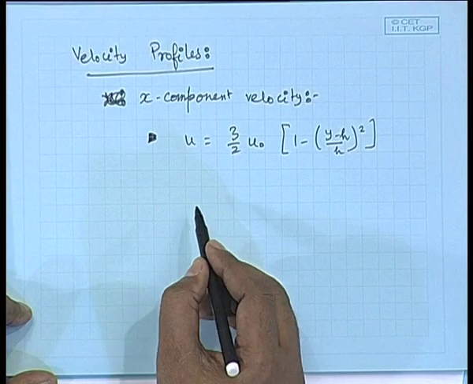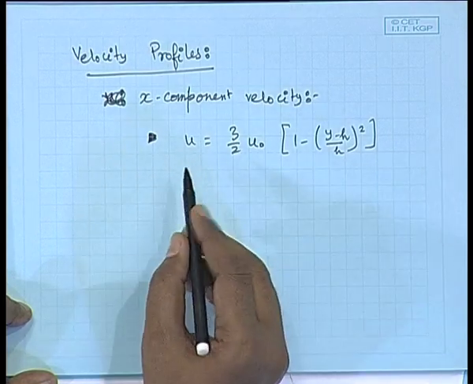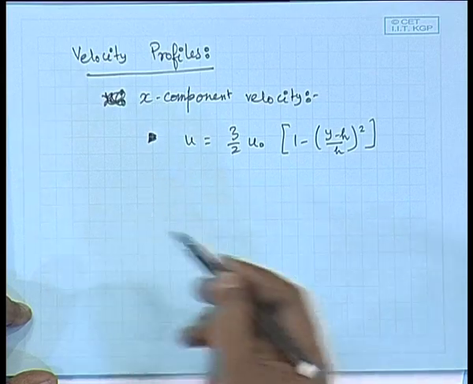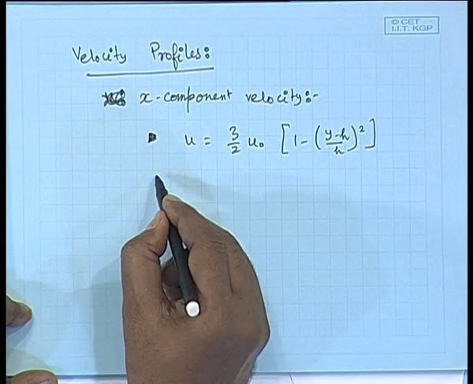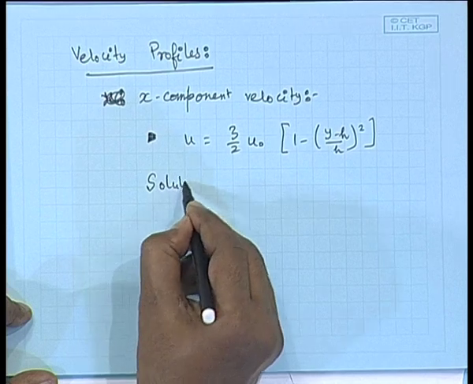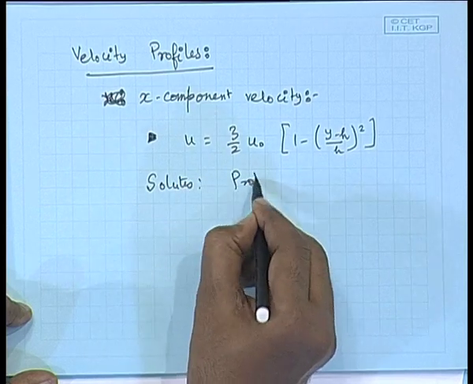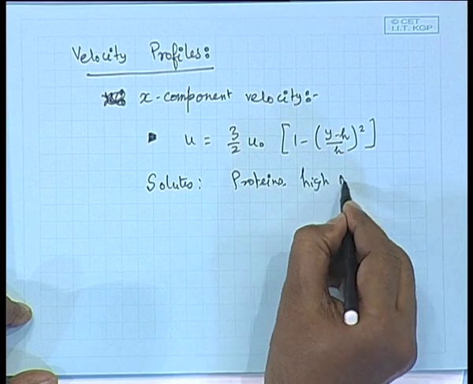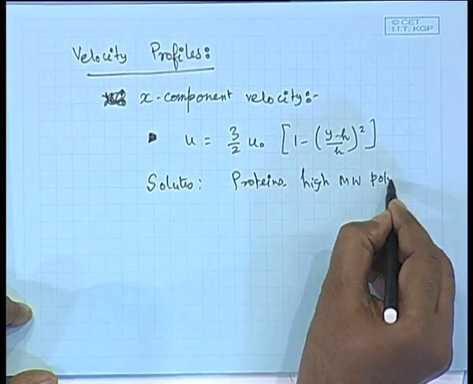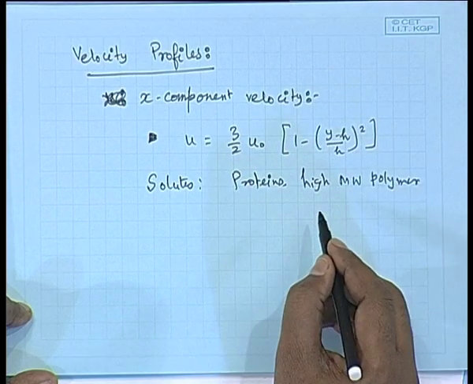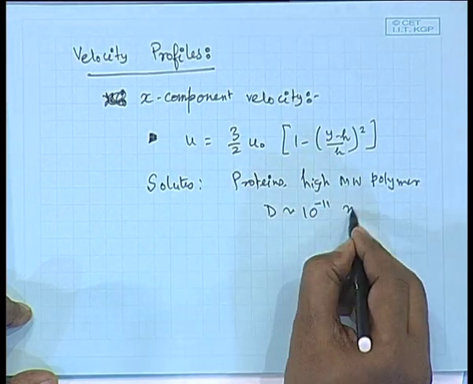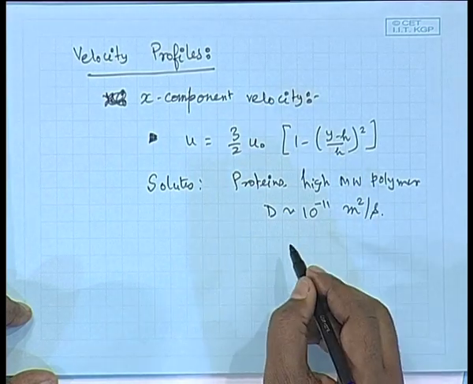Now, let us see, this will be further simplified with the thickness of the concentration boundary layer. Now, you are talking about the solutes of proteins, high molecular weight polymer, which will be having extremely low diffusivity, in the order of 10 to the power minus 11 meter square per second.